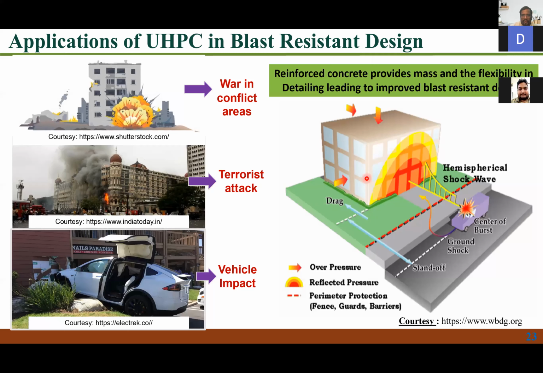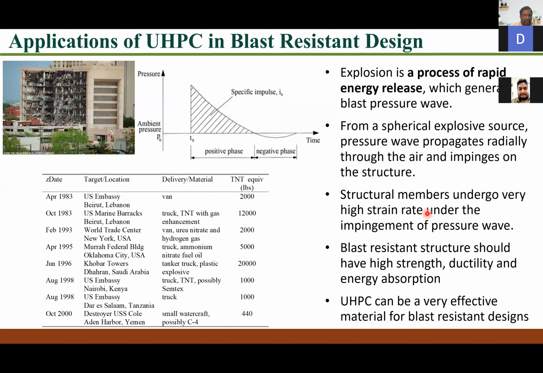So we need to understand the behavior of this material, basically reinforced concrete, under these shock waves, to see how these systems behave under high strain rate. You can see here one example of the damage to a building after a blast. During a blast, explosion happens, which is basically a rapid process of rapid energy release that generates a blast pressure wave.